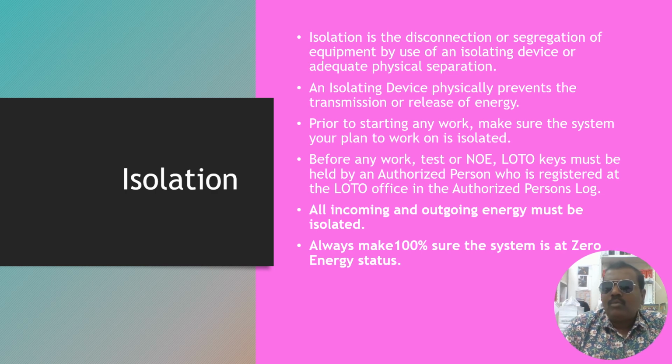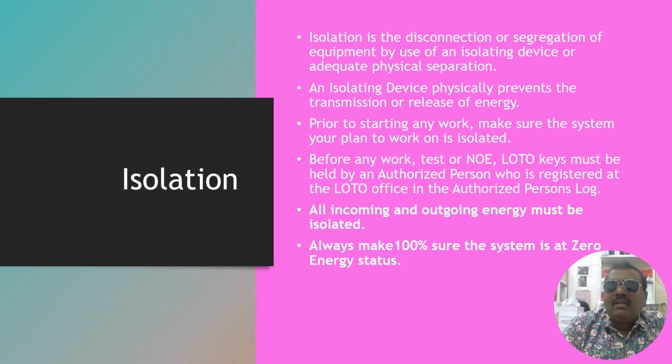So maybe it has been locked. What is the next step we should do? We should ensure that there is a zero energy status. How will you check zero energy status? You can use any emergency push button, or you can use the local control panel to start.